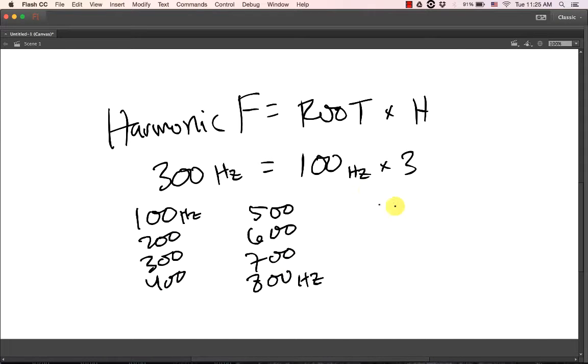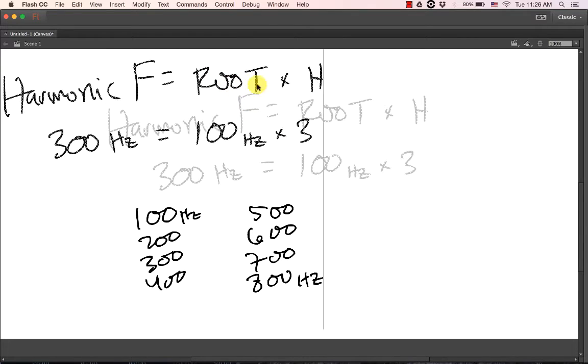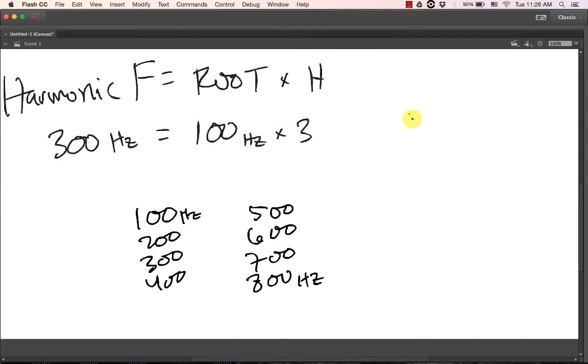Okay. Now, if you want to figure out an octave, an octave is like the same note but one higher.